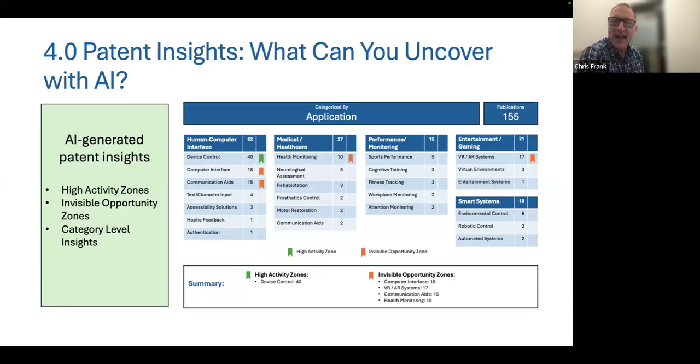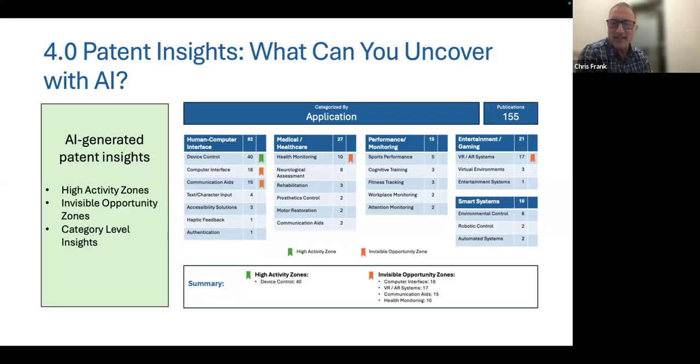That means they are trying really hard to solve the problem. And if you're trying to solve the problem as well, you need to get your patent filings in there as fast as you can. Okay, so if you're in a high activity zone, that's where you want to focus your filing to make sure that the solution space you're going after is owned by you, protected by you, before somebody else can get to it.